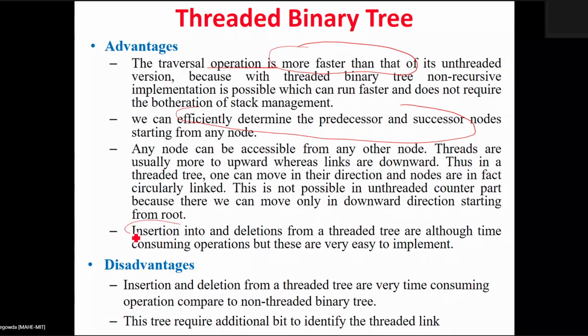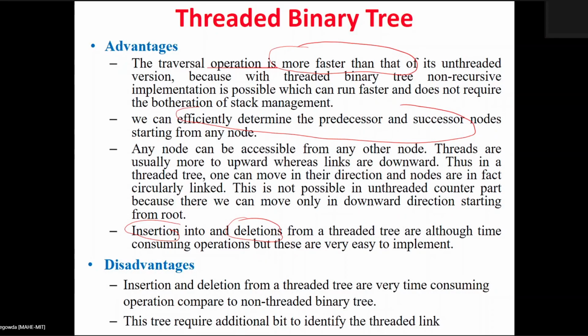Another advantage is that insertion and deletion of a node in the threaded binary tree is simpler. Even though it is time-consuming, it is very easy to implement compared to the conventional method.